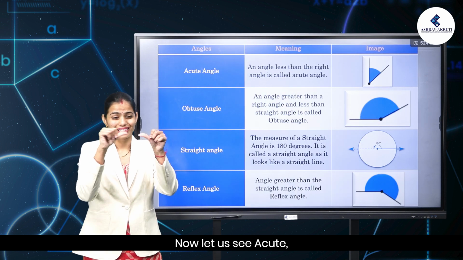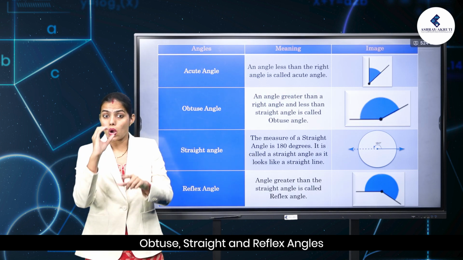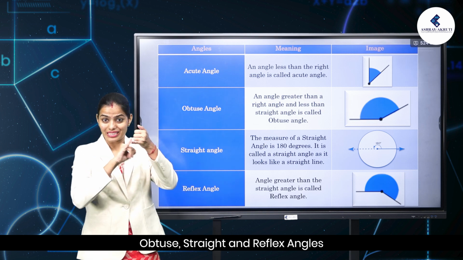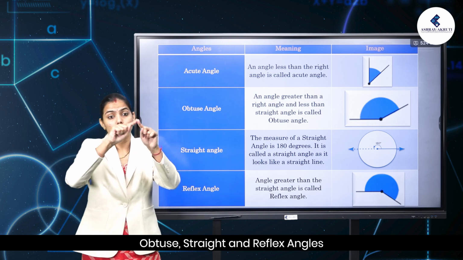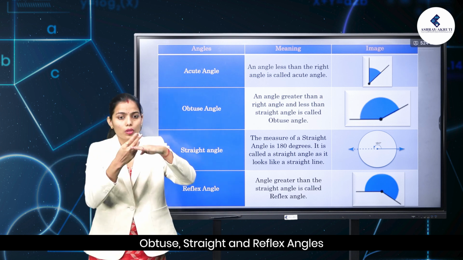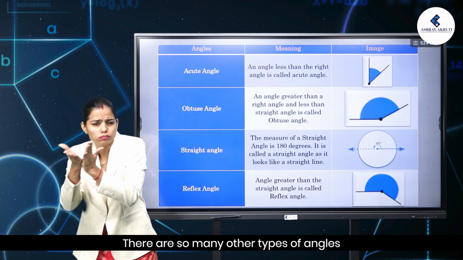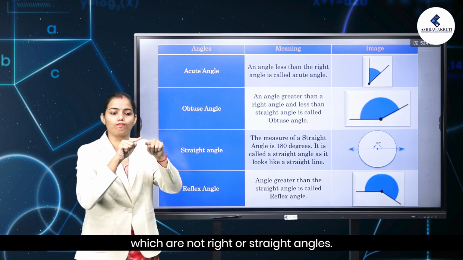Now, let us see acute, obtuse, straight and reflex angles. There are so many other types of angles which are not right or straight angles.